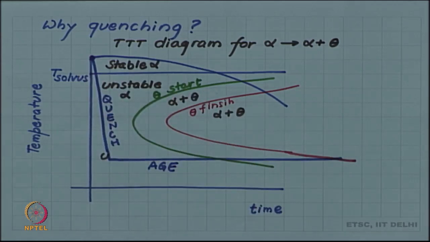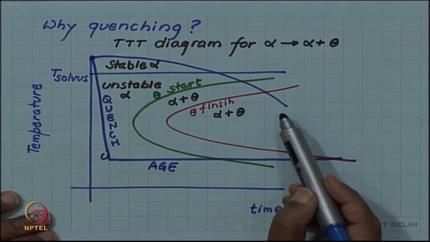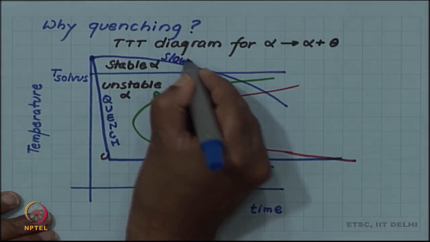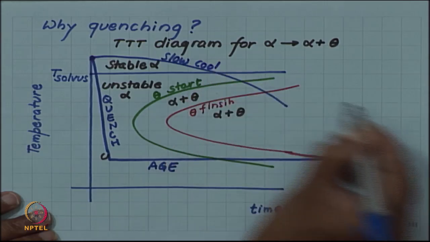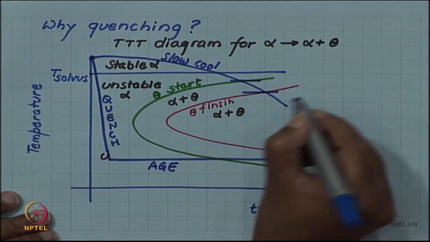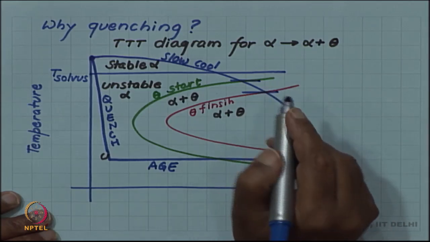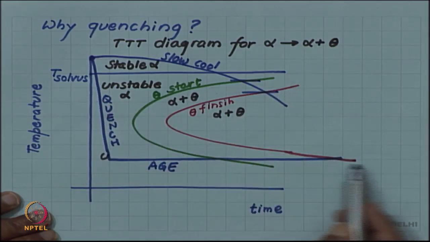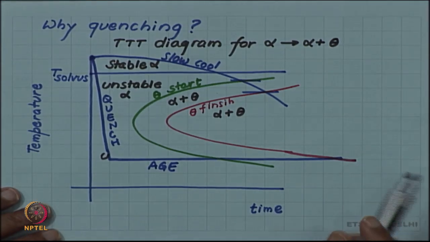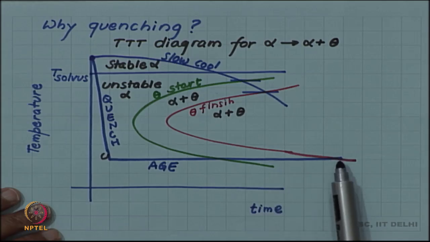This is because you can see that during equilibrium cooling, during slow cooling, the temperature of transformation is much higher, whereas on quenching and then aging, the temperature of the transformation is much lower. And recall that at lower temperature you have faster nucleation and slower growth.